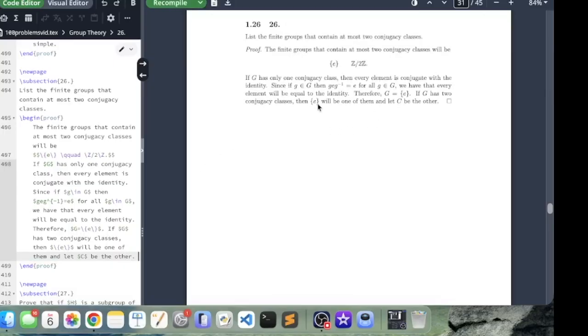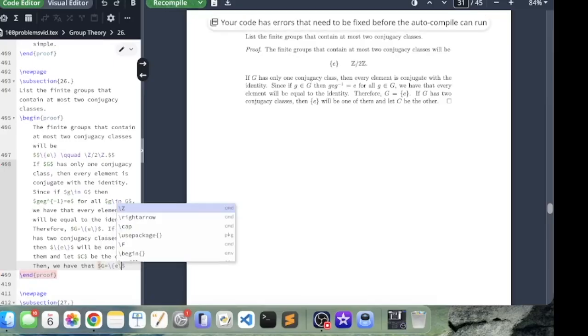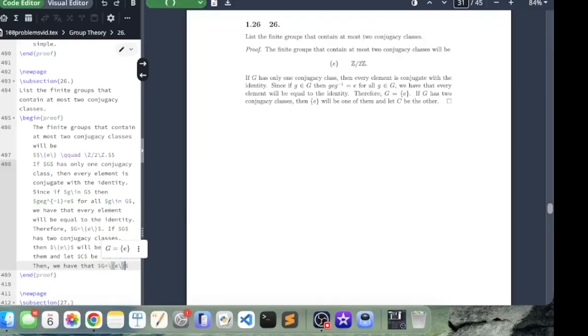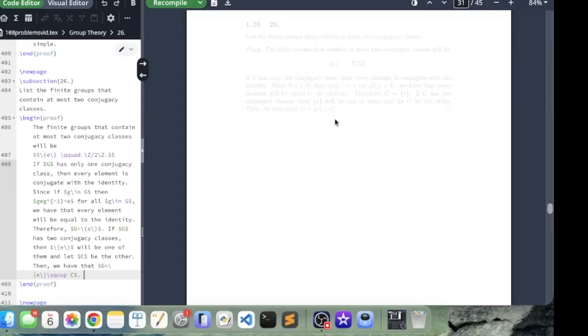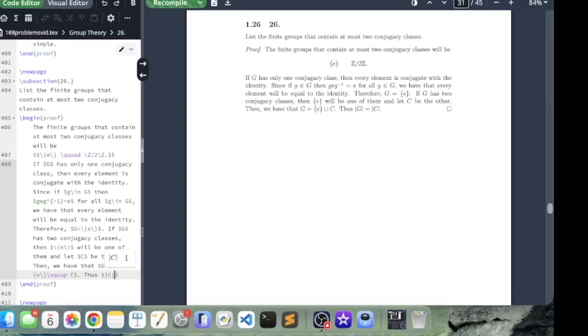Okay, so then we have that G is the disjoint union of the trivial group and C. Thus, the order of C is equal to the order of G minus 1, because G is equal to C unioned with just one element, the identity.